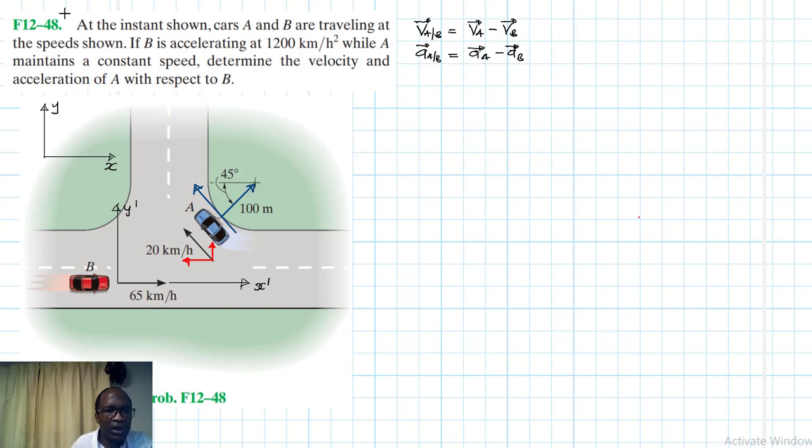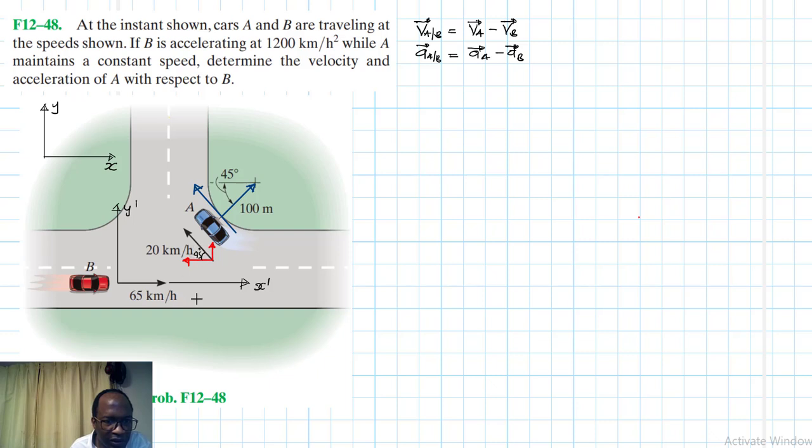Let me indicate them. What's the angle? The angle has already been given to us as 45, so we expect both of these to be 45, and we can choose whichever. Let's pick this one.